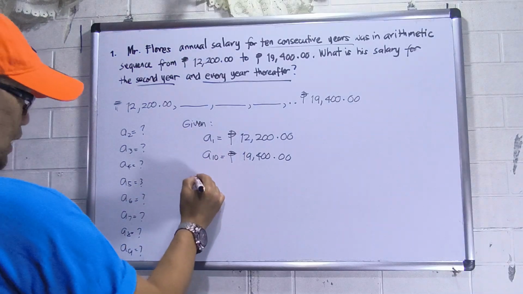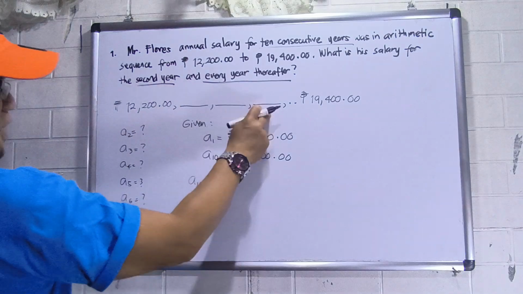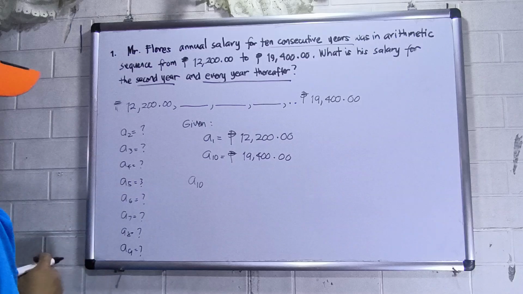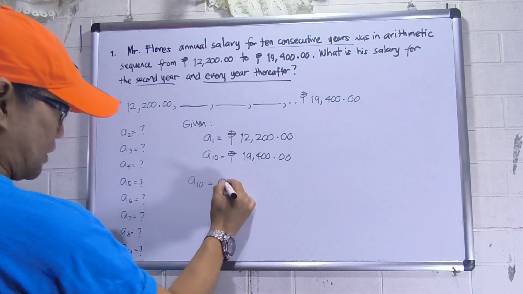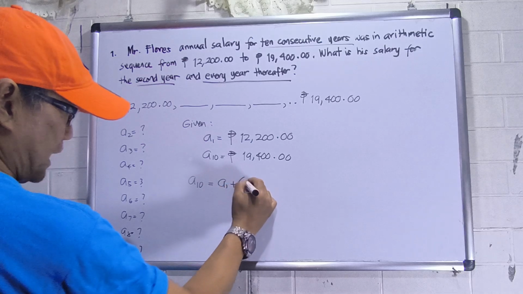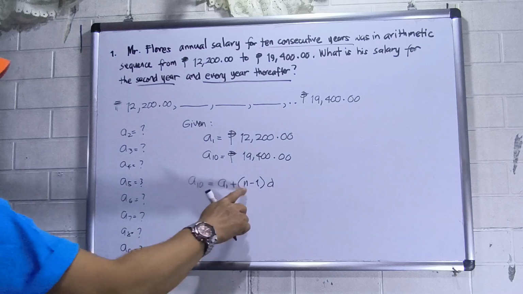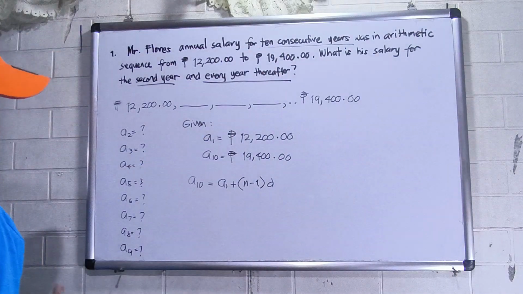Okay, so we have the formula to get the difference, because there is a common difference between the first and the last. To find the common difference, I will use A10. A10 is equal to A1 plus N minus 1 times D. Now the question is, what is our N? N is stated in the problem, 10.